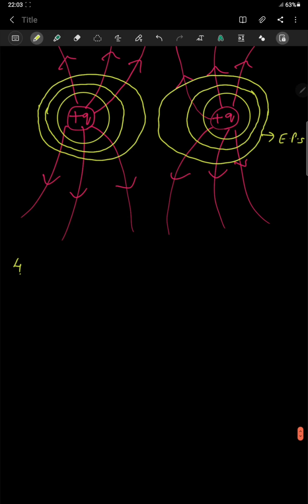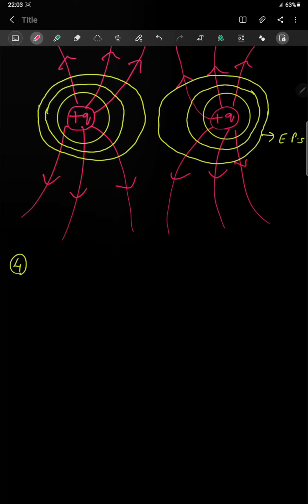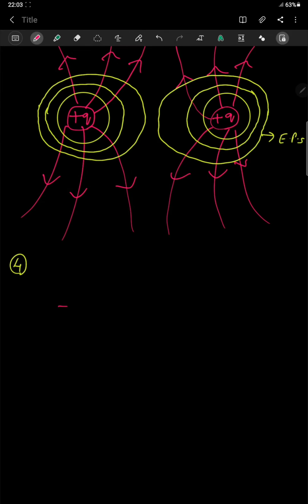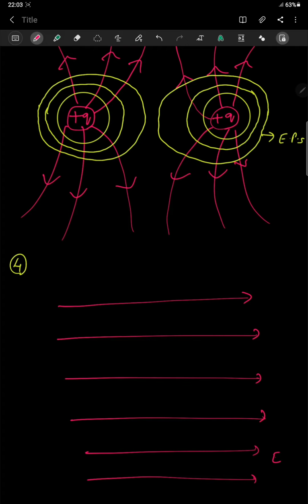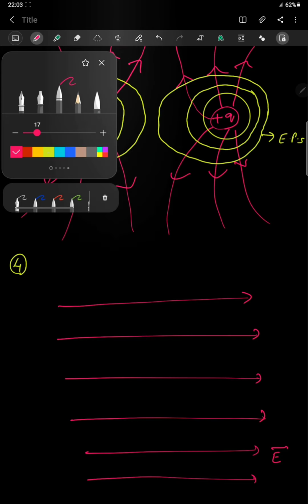In the fourth case, we will have a uniform electric field. So how does this uniform electric field get represented? We know that the uniform electric field lines are represented by parallel lines in this manner. So these are basically your uniform electric field lines. So to these uniform electric field lines, what should be your equipotential surface?